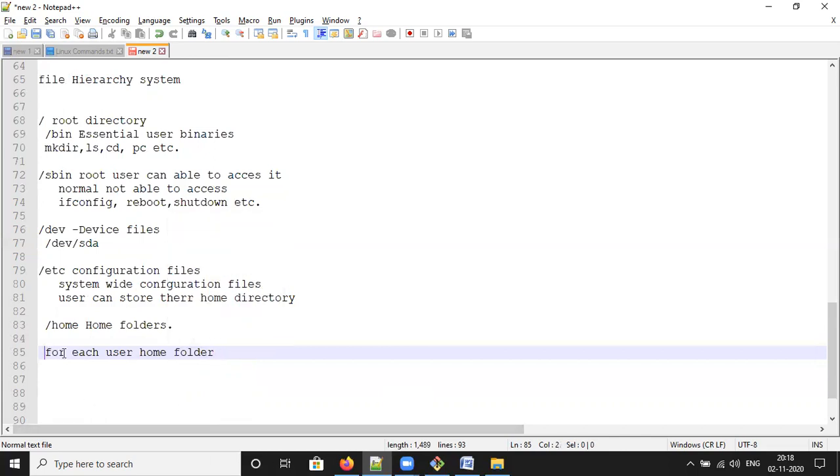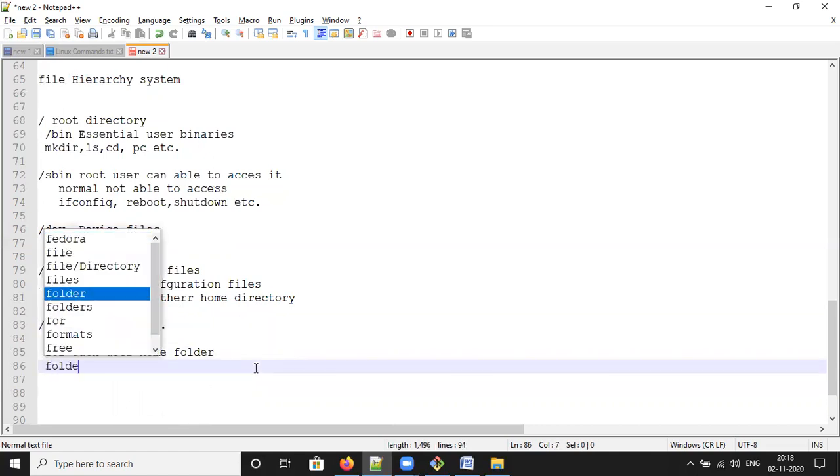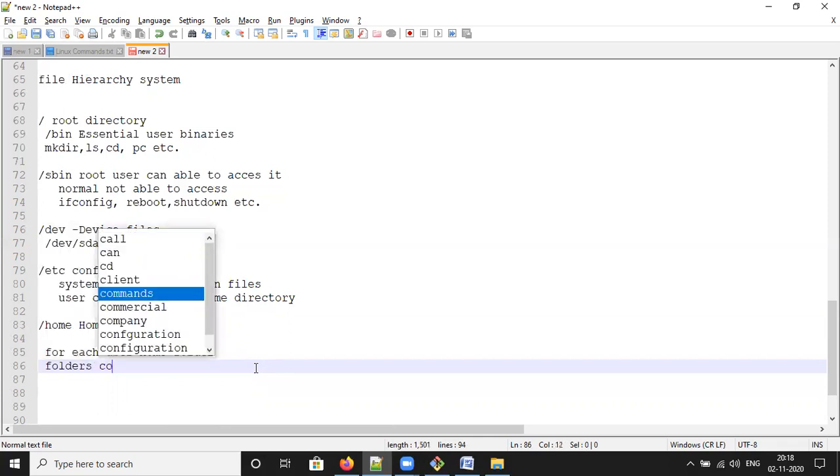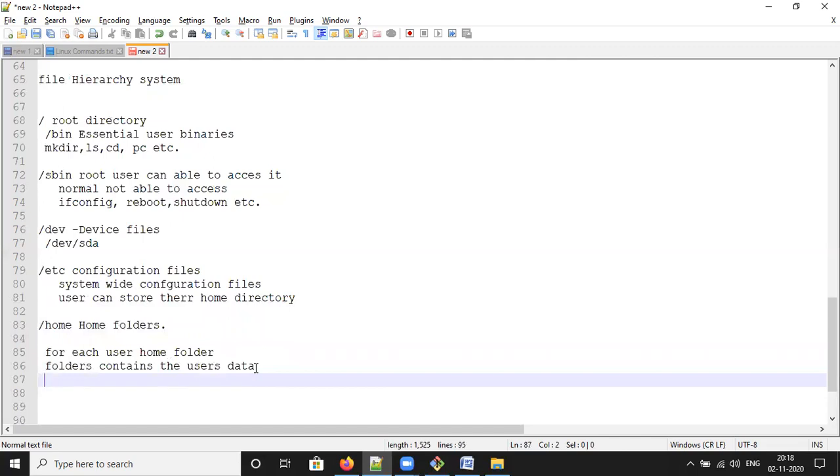Each folder contains the user's data. Each user has write access to their own home folder and must obtain elevated permissions, that means become the root user, to modify other files on the system. Otherwise, they are not allowed to modify other users' files.